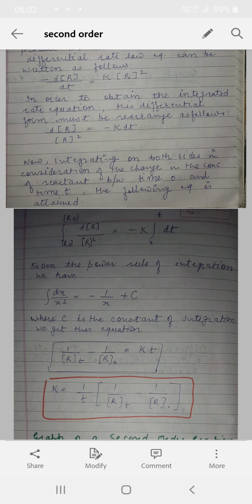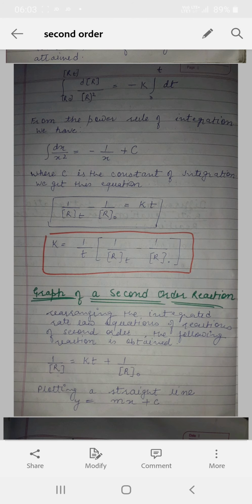After attaining this equation, I arranged it to get k. K is equal to 1/t times (1/[R]t minus 1/[R]0). This is the integrated rate law for second order reactions, also called the kinetics of second order reactions.